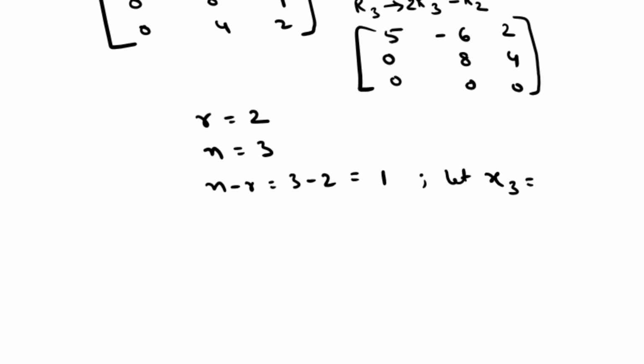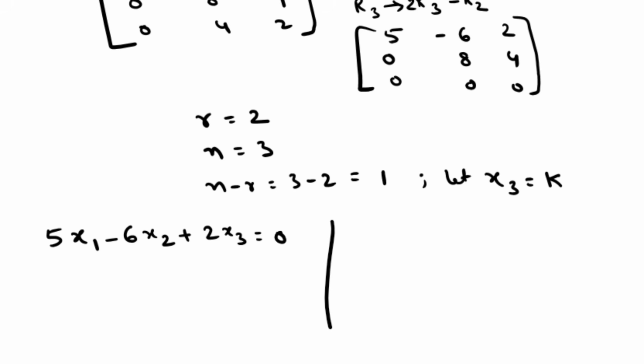x3 is equal to k. Now the first equation is 5x1 minus 6x2 plus 2x3 is equal to 0. And the second equation is 8x2 plus 4x3 is equal to 0.